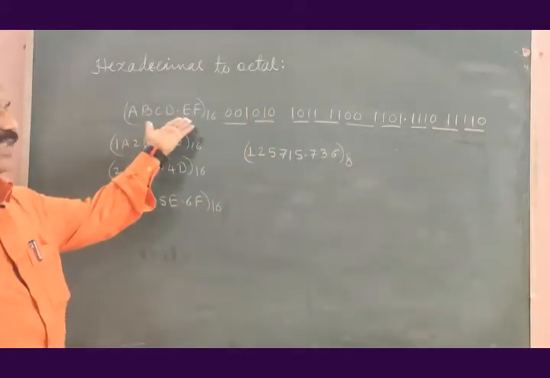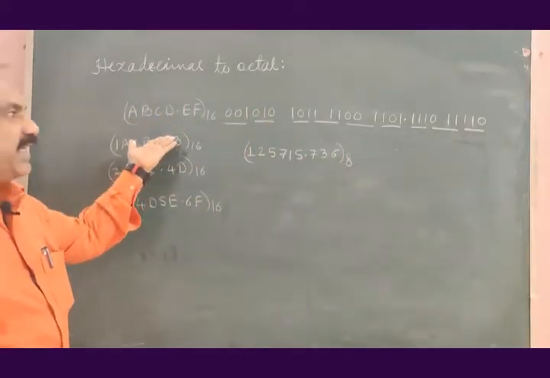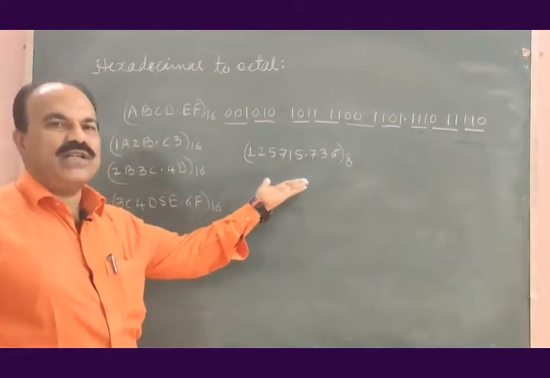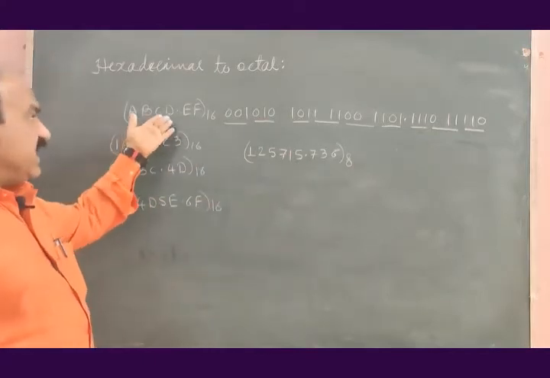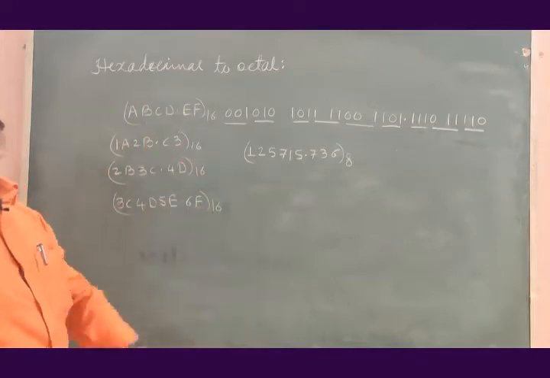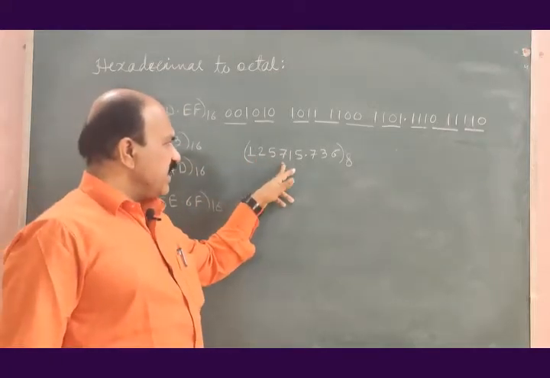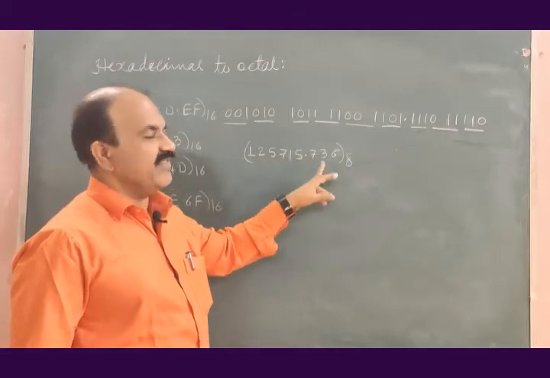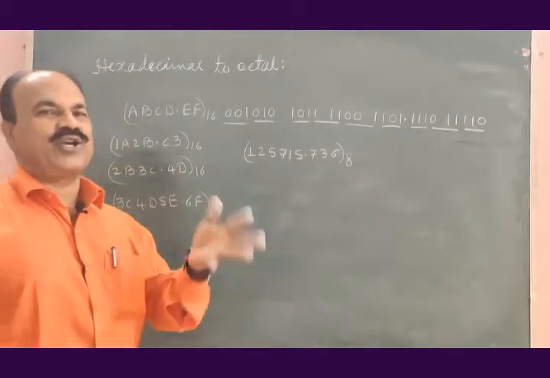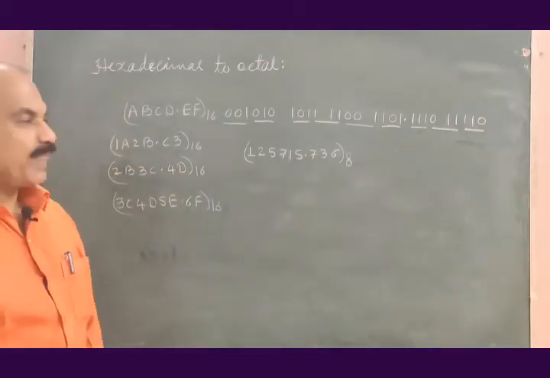So this number in hexadecimal is converted to octal. ABCD.EF in hex is 1257115.736 in octal. Very simple.